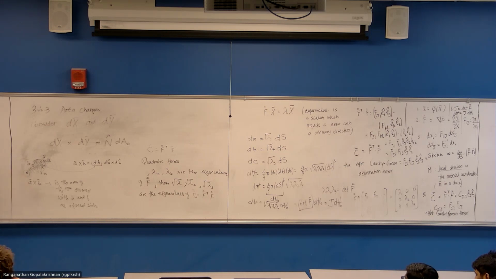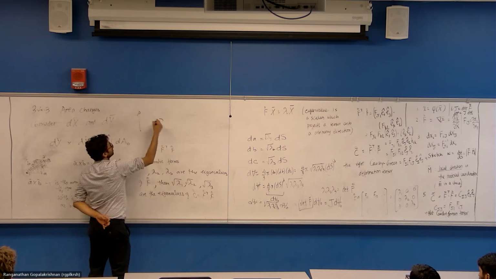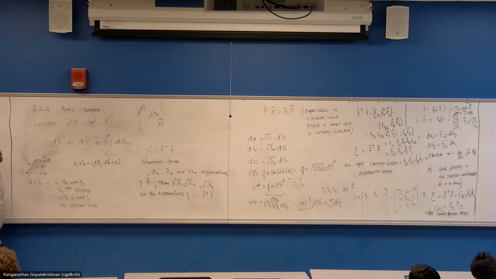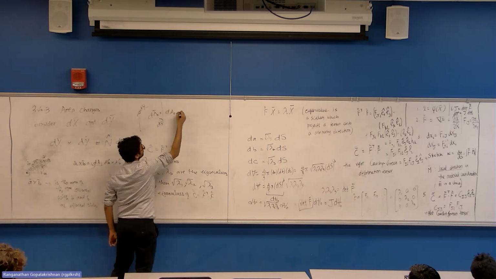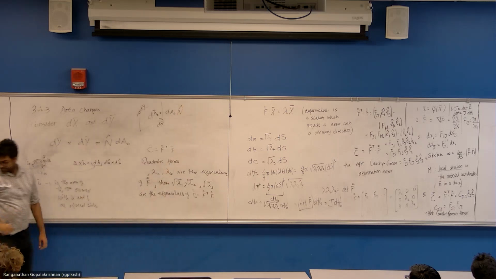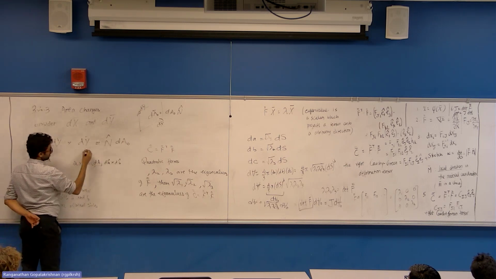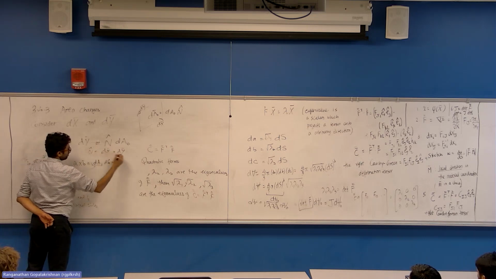So you have two directions, dX and dY, and it represents an area vector dA naught, which can be written as dA magnitude multiplied by n cap. And n cap is not some arbitrary thing: n cap is dX cross dY divided by the magnitude of dX cross dY.